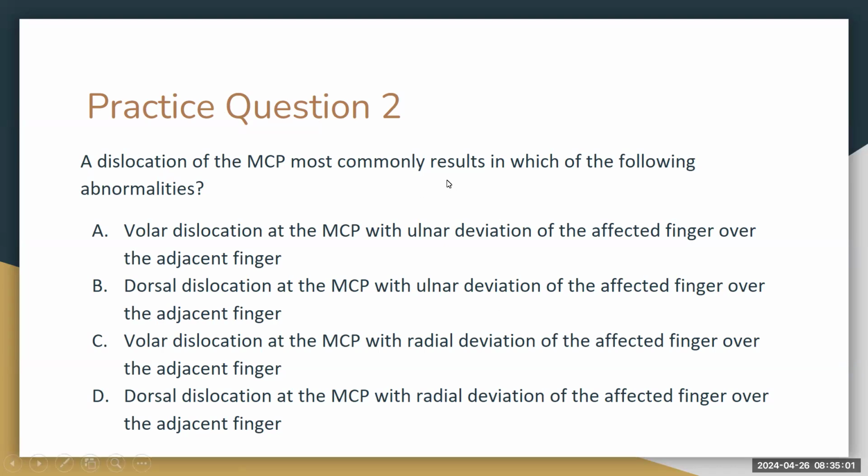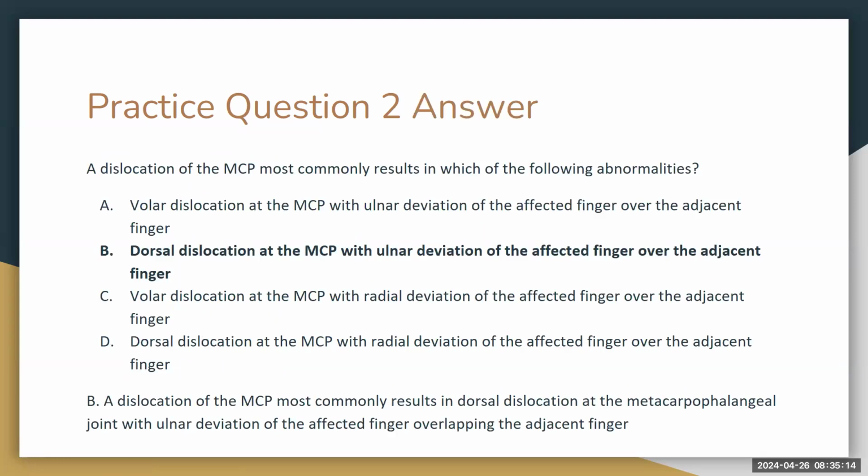This one's a little bit harder. So it's B. A dislocation at the MCP most commonly results in dorsal dislocation at the MCP joint with ulnar deviation of the affected finger, overlapping the adjacent finger.